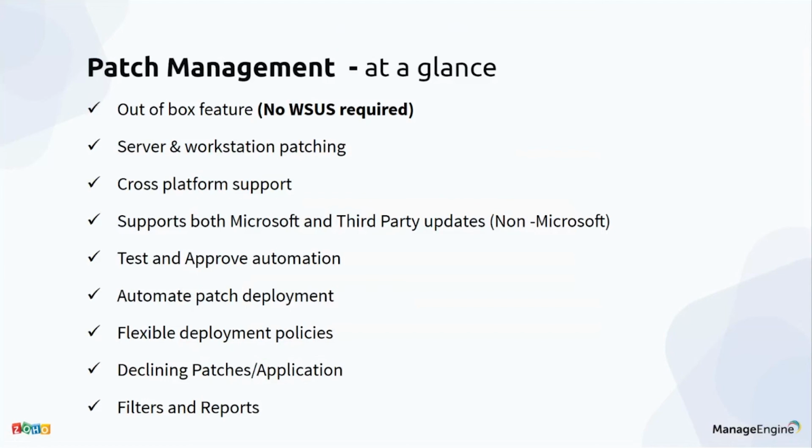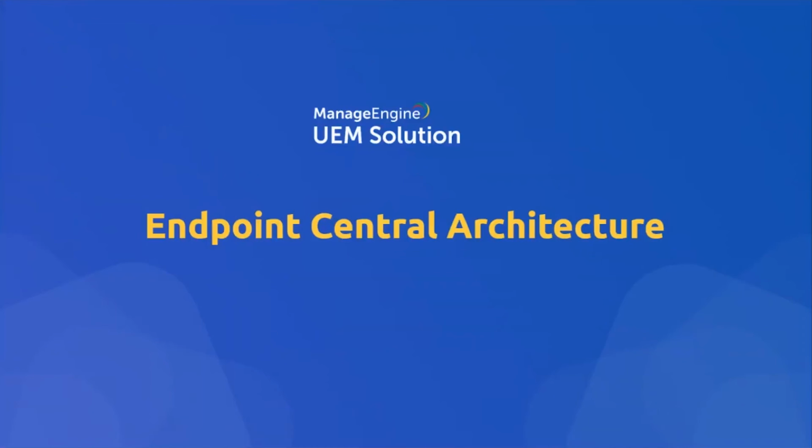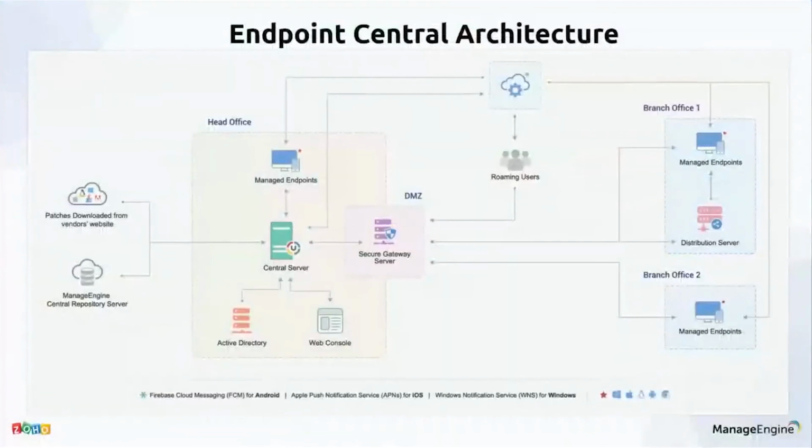We also have other modules with features like software deployment, inventory, MDM, OS deployment, tools, and reports. Let us take a look at the Endpoint Central architecture, mainly for the benefit of the attendees who are not familiar with the product. Endpoint Central is an on-premise solution that supports the client-server application model. You can have the Endpoint Central server hosted in any of the supported Windows OS.